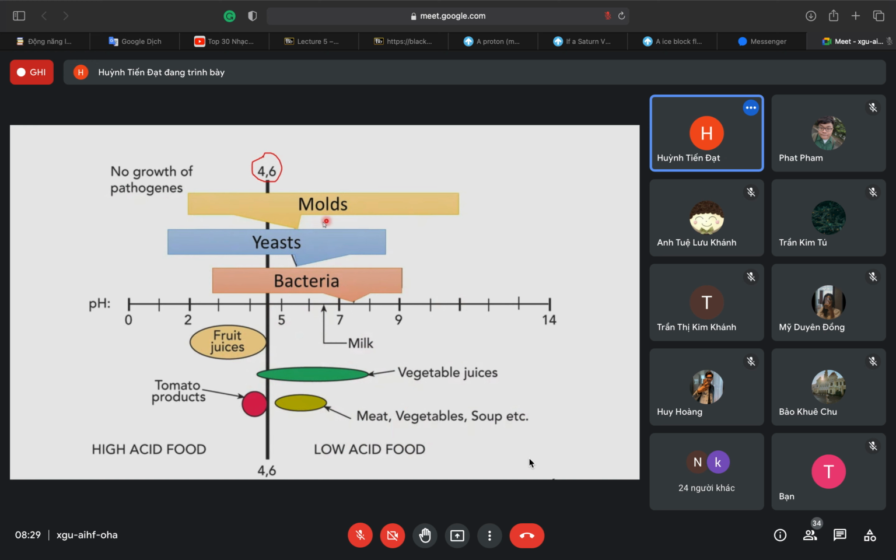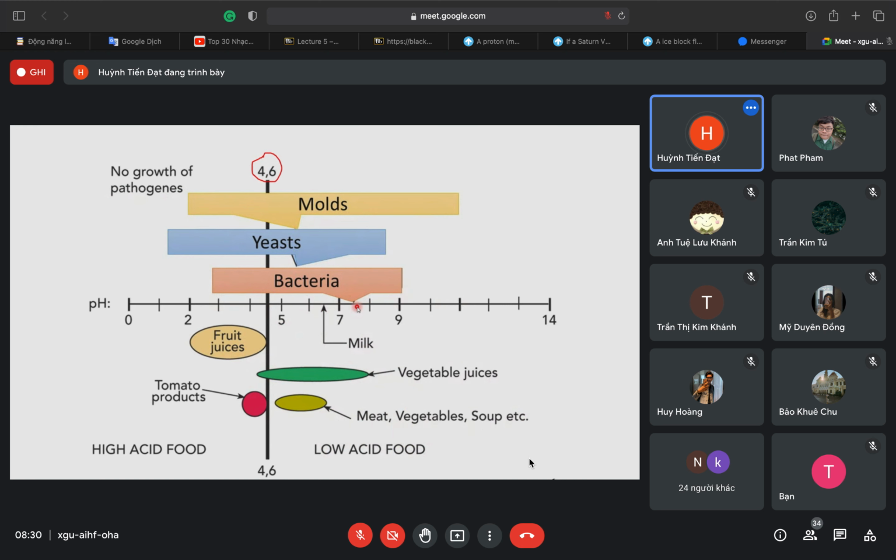The optimum pH for them is around 6, a little bit less than 6. For the bacteria, that's different.